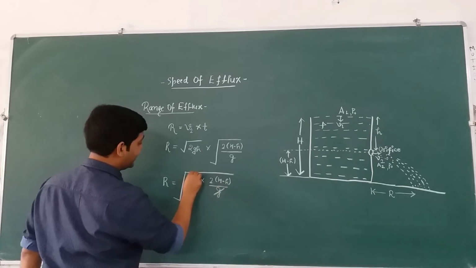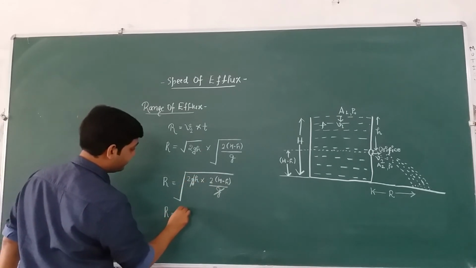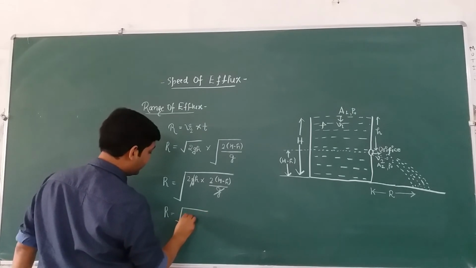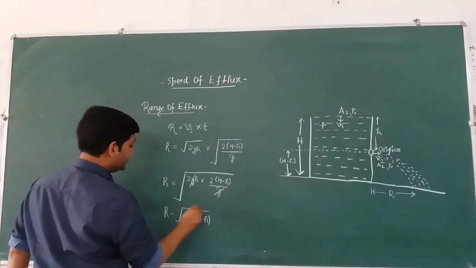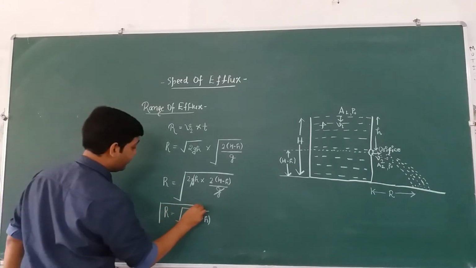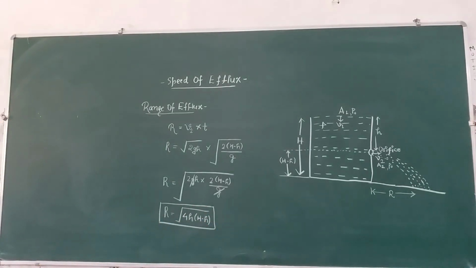This g will cancel out, and R is equal to under root of 4h into (H minus h). So this is how the range of efflux is calculated, and this is the required expression for it.